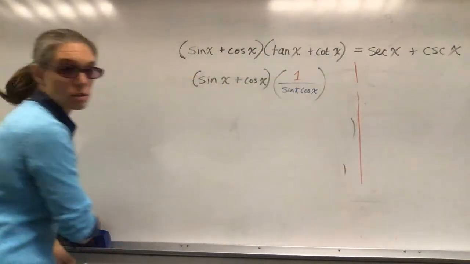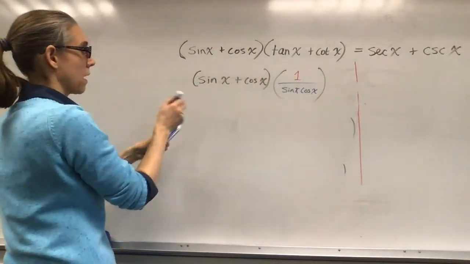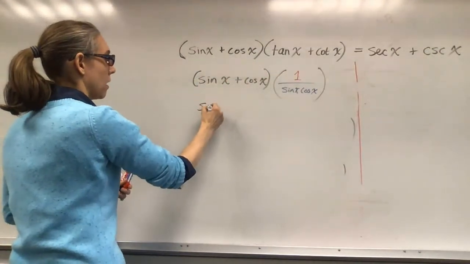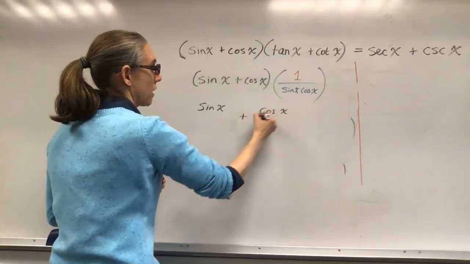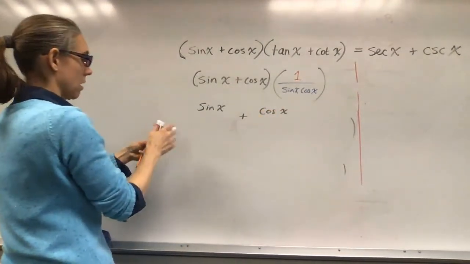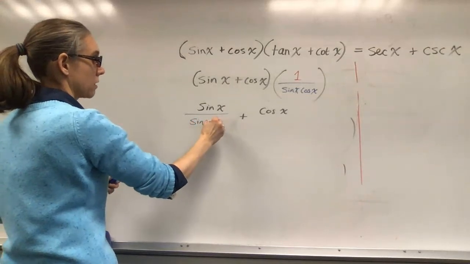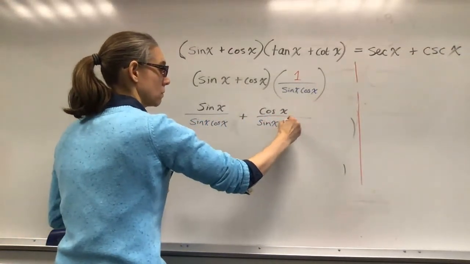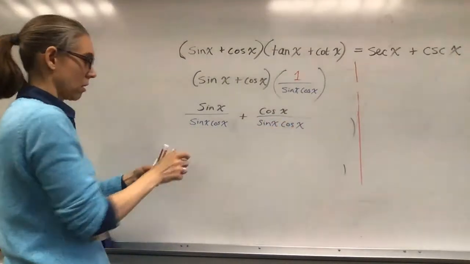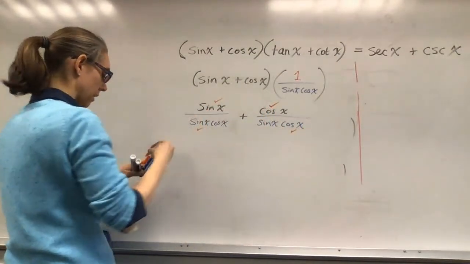Now I'm going to use the distributive property and distribute this to each term, and I end up with a sine x plus cos x that each get divided now by sine x cos x, and now the cosines here cancel, the sines here cancel.